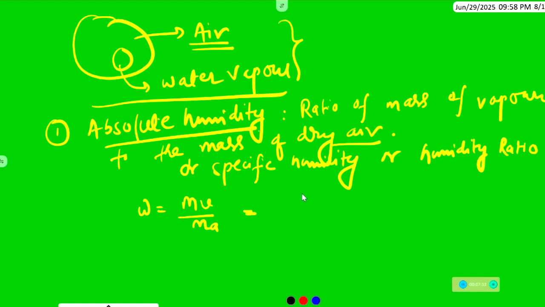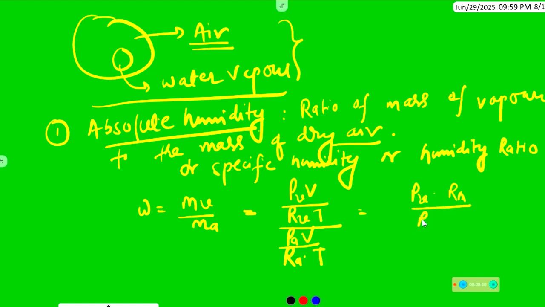Applying this, mv can be written as PV times volume divided by RV times T, and ma as PA times volume divided by RA times T. Volume V will remain constant for both cases. Therefore, this can be written as PV into RA divided by PA into RV.